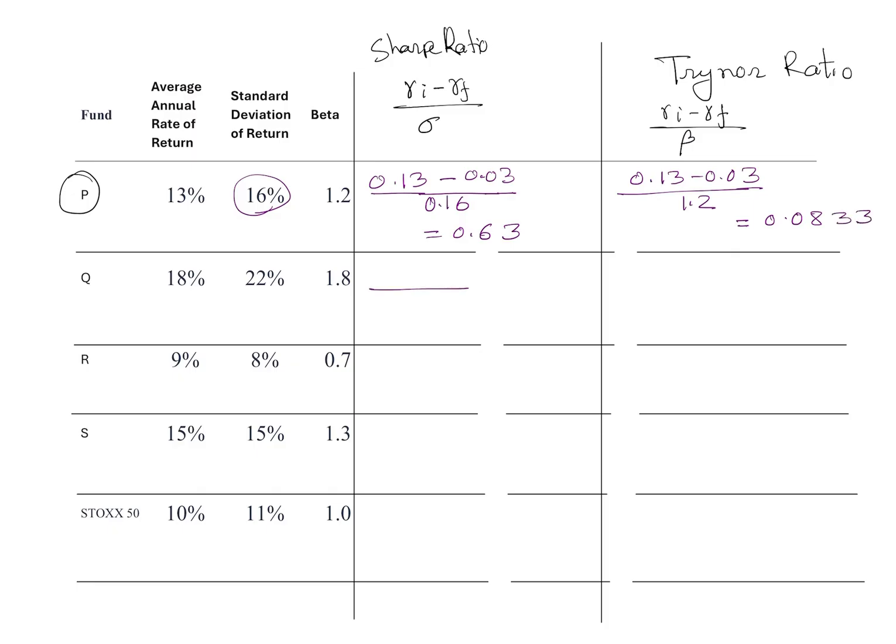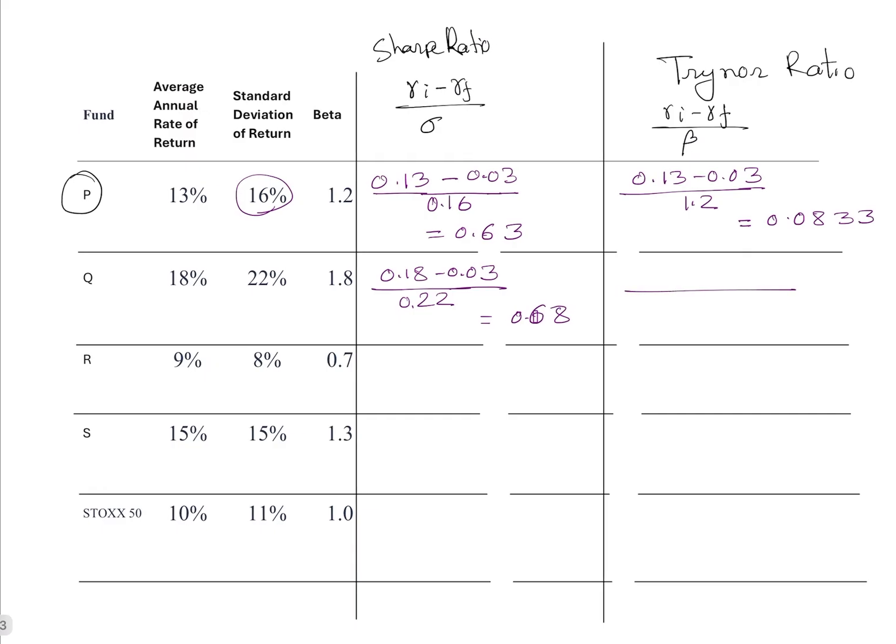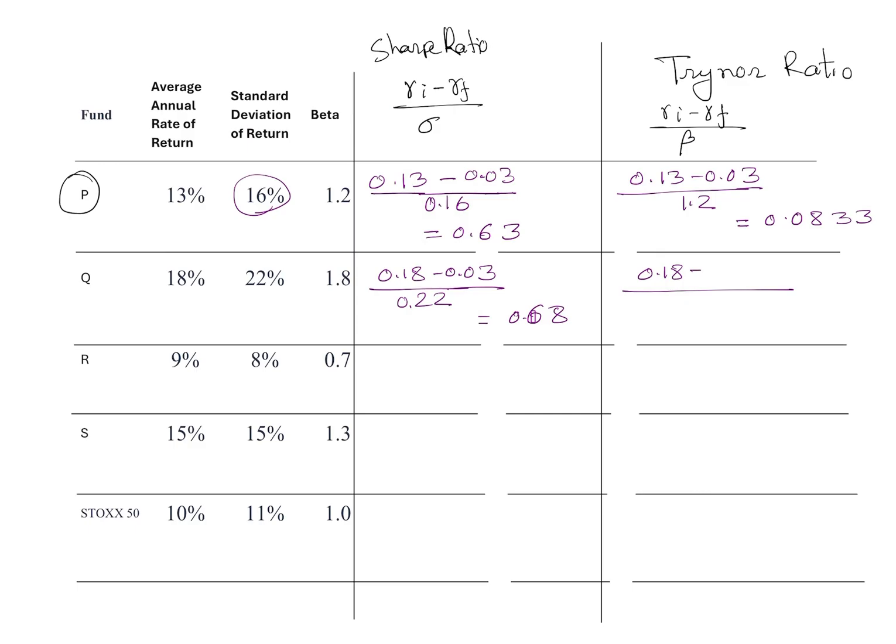For Q, it is 0.18 minus 0.03 divided by 0.22, which is 0.68. For the Treynor ratio, it is 0.18 minus 0.03 divided by 1.8, which gives us 0.0833, the same value as P.